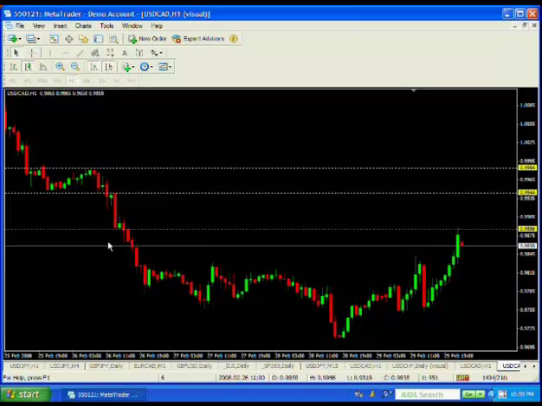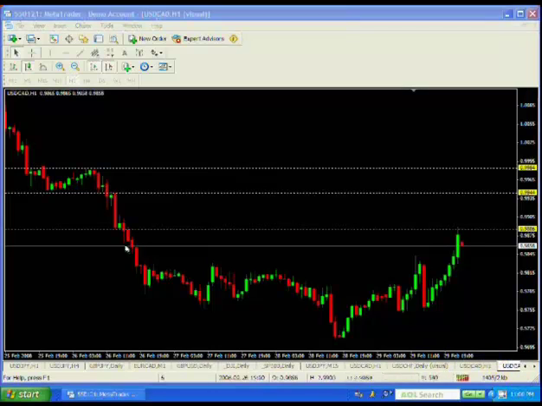Now at this point, once we get a close below here, this is now resistance 1, resistance 2, and resistance 3. Once again, if we enter short on this bar, and we get a close above this line, this resistance line once again becomes support.